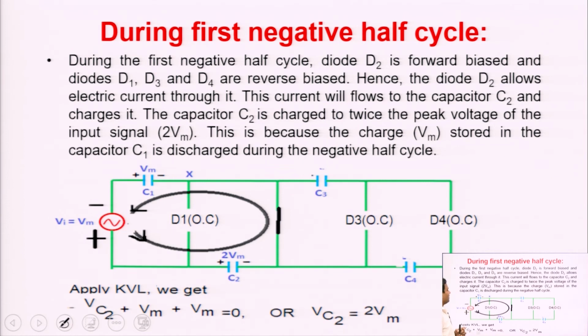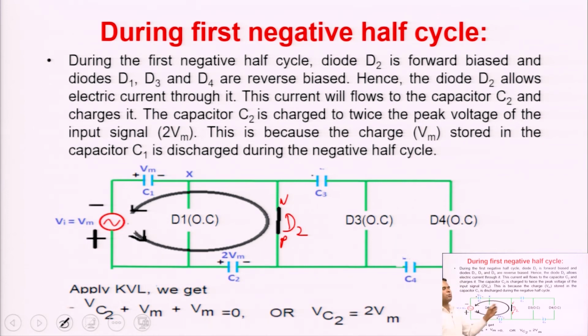Then what will happen here? Obviously, the diode D2 is in forward bias because the positive polarity of the input signal is connected with P and the negative polarity of the input signal is connected with N, because this side is the N terminal and this side is the P terminal.